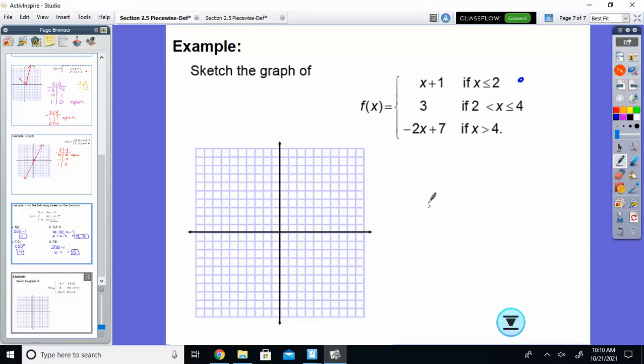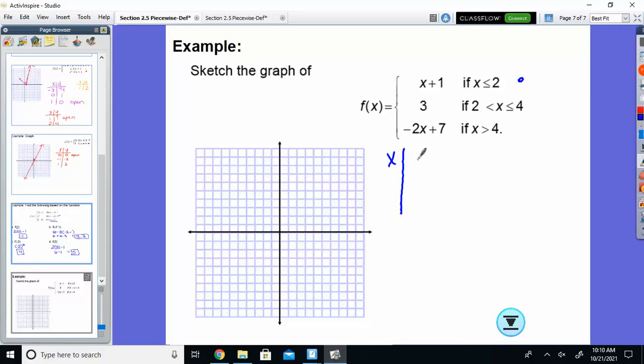How many pieces? 3. Okay. First piece, where does it start? At 2. Will that be open or closed? Closed. And then you need x's less than that, so maybe a 1 and a 0. Okay.